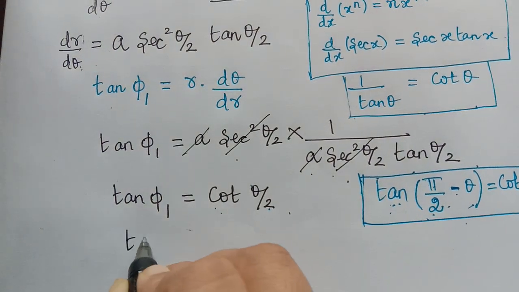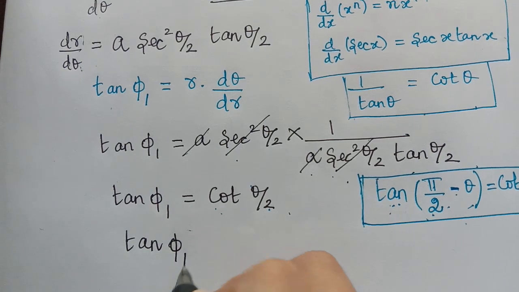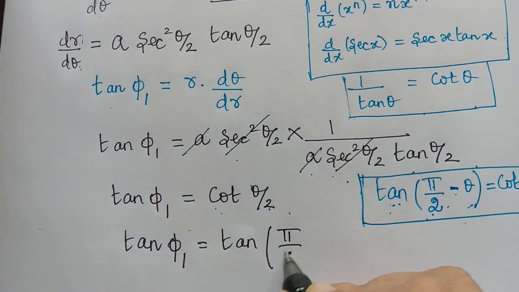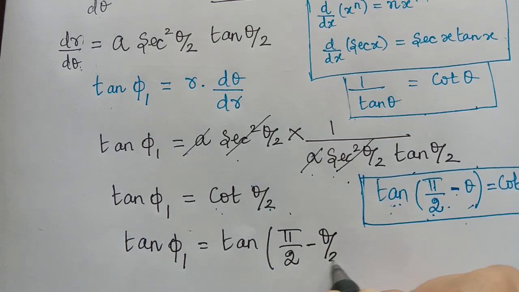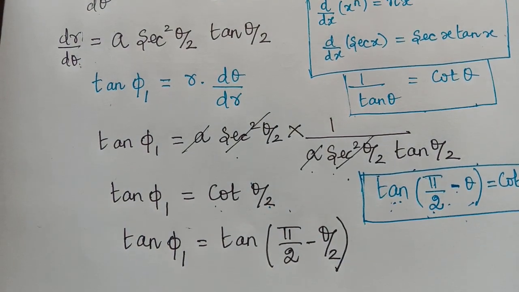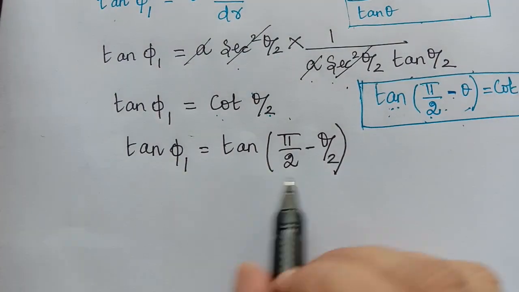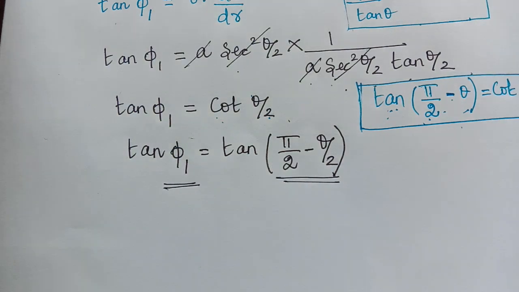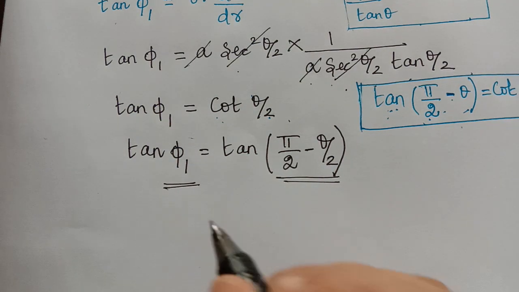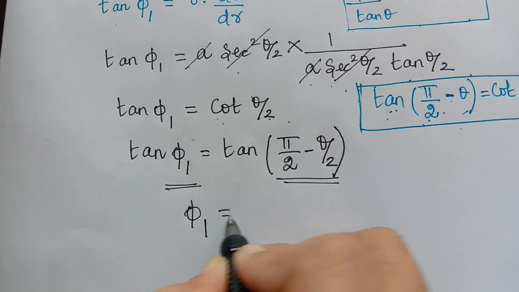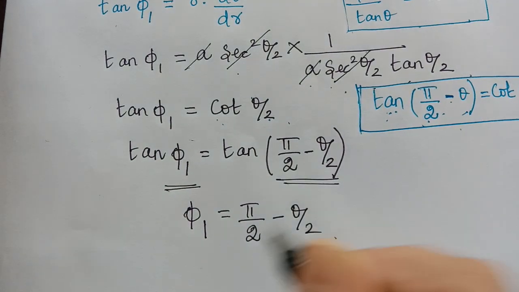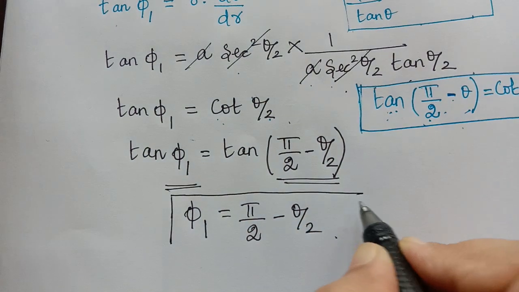Therefore we obtain tan phi 1 equal to tan of pi by 2 minus theta by 2. Now comparing the left and the right, the angles are equal, or taking tan inverse on both sides, we get phi 1 equal to pi by 2 minus theta by 2. So we have evaluated phi 1.